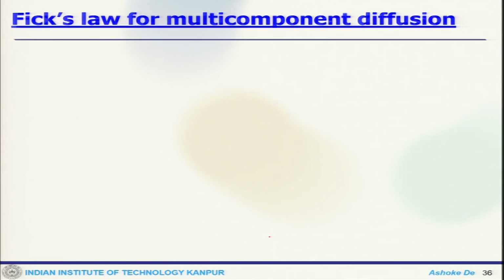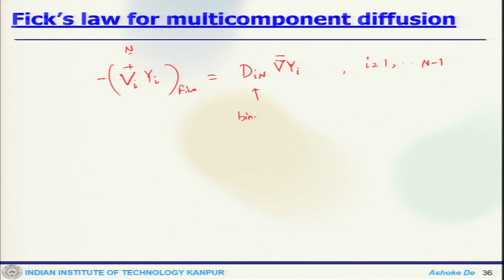We can select one carrier gas, for example nitrogen, then we solve the species transport equation with diffusion velocity equal to Dim del Yi, where i equals 1 to n minus 1, and this is nothing but the binary diffusion coefficient.